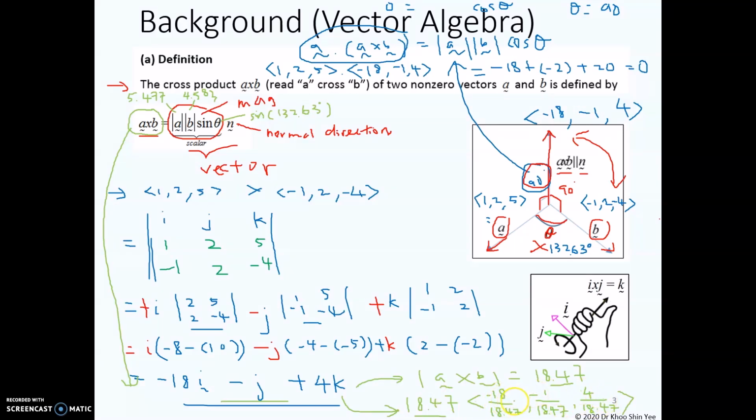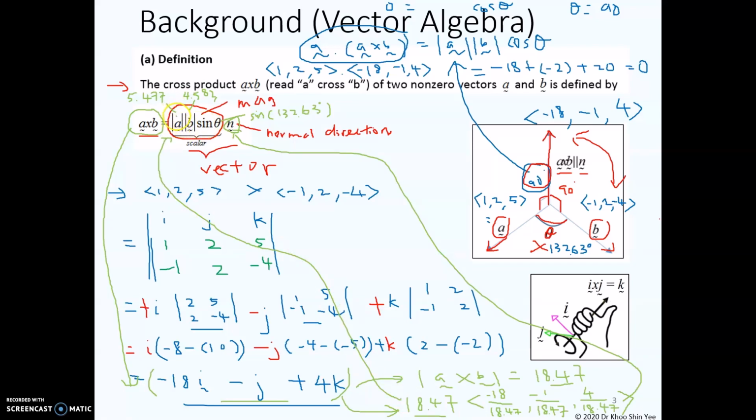The unit vector has magnitude equal to 1, therefore you need to take the original vector divided by the magnitude here. Basically, this unit vector is the normal vector here, n. And the magnitude of 18.47 is equal to AB sine angle here.